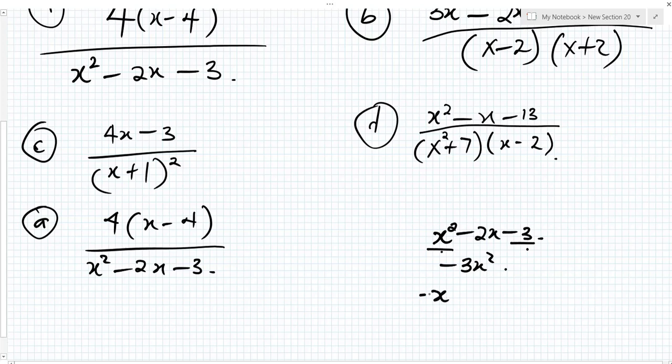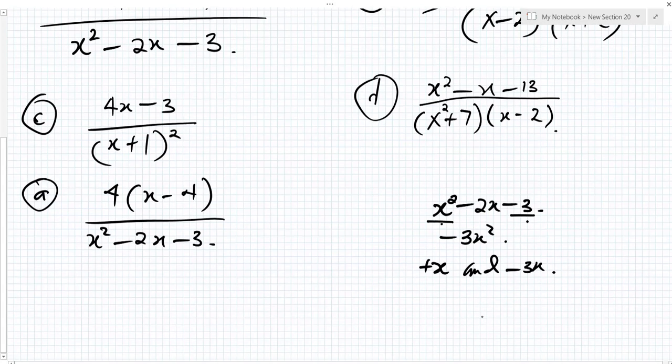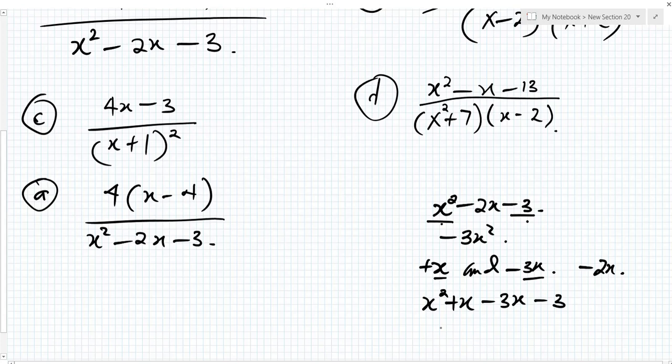I have plus x and minus 3x. So if I sum plus x and minus 3x, it will give me minus 2x. Now I will replace this minus 2x with these two terms. So I will have x squared plus x minus 3x minus 3.